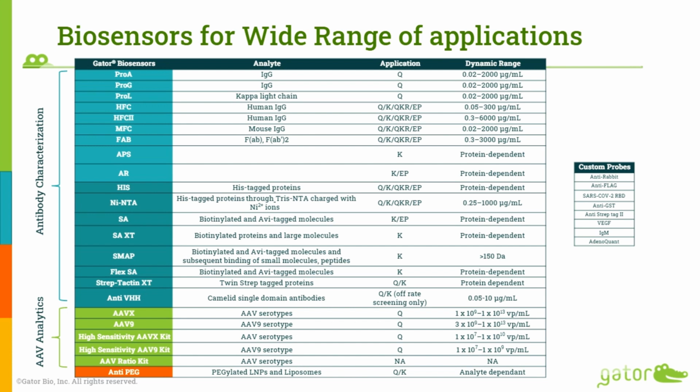So we decided that the antigens that we were given had biotin, so we were using SA and SA-XT. Also, one of the antigens has the twin Strep-Tactin protein, so we have Strep-Tactin XT biosensors, which bind very tightly to this twin Strep-Tactin. So these were the 3 biosensors that we narrowed down to use for this collaboration.